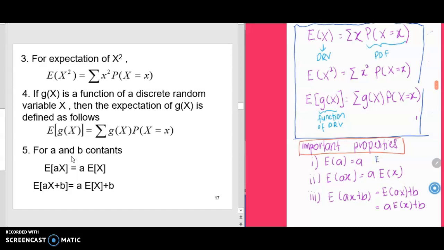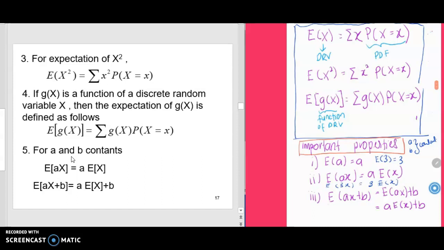So E(3) is equal to 3. Second, E(ax) is equal to aE(x). Sama juga, katakan a ni 3, E(3x) is equal to 3E(x). Ni maksudnya a and b are constant.